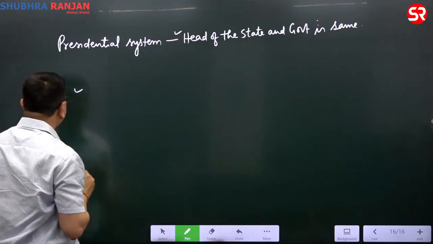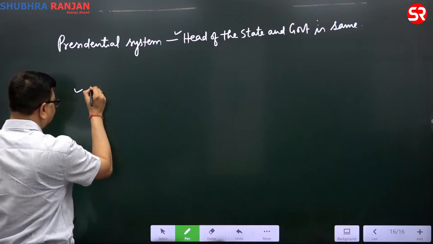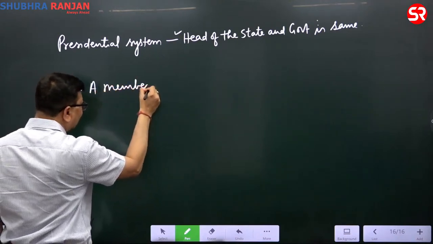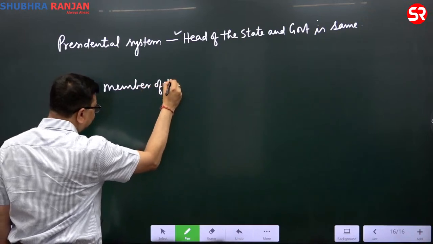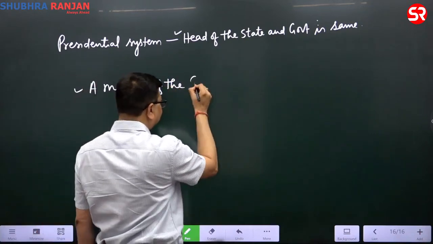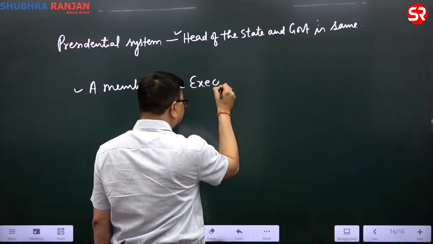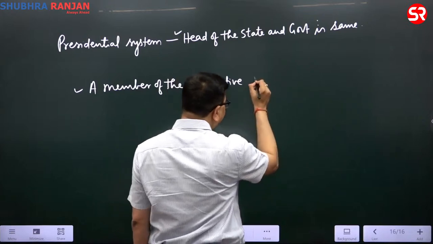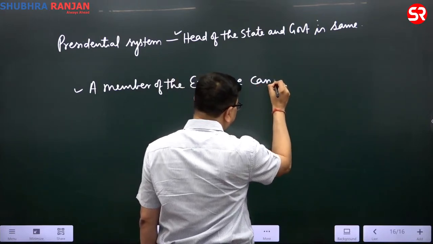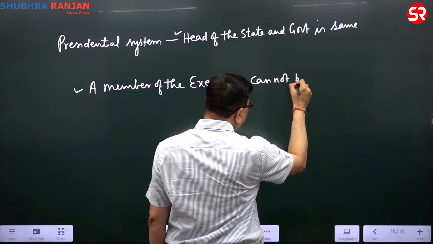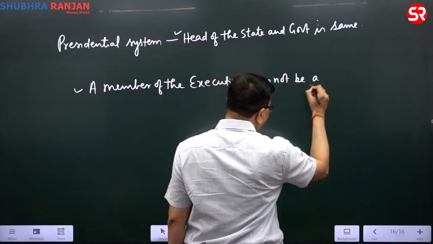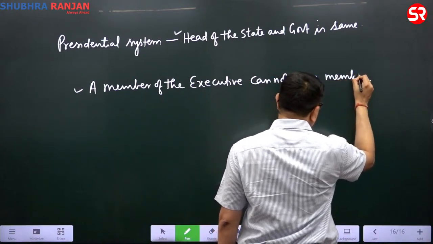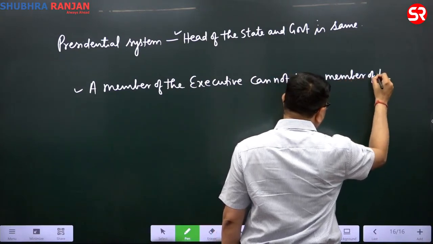Second point you can write here. A member of the executive cannot be a member of the legislature.